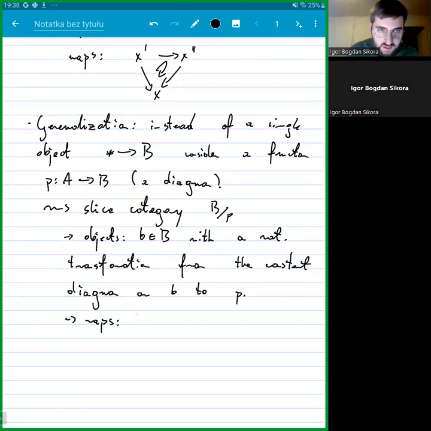Maps are maps in the category B compatible with natural transformations.